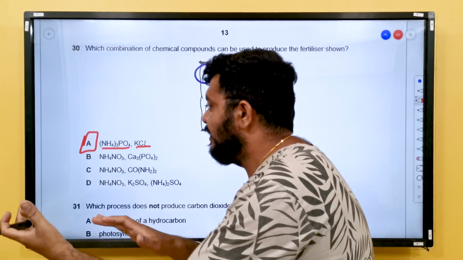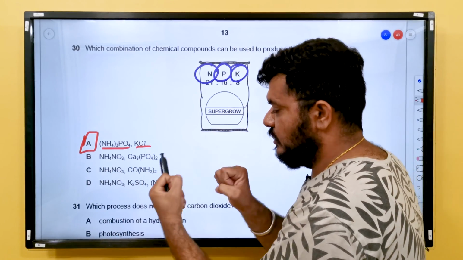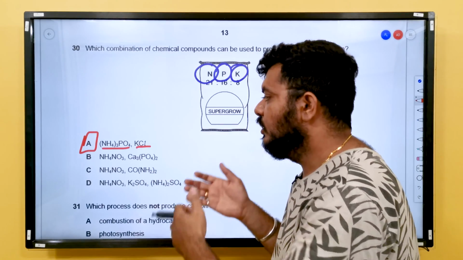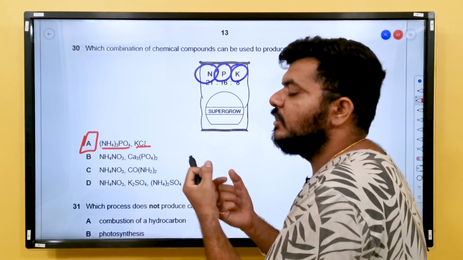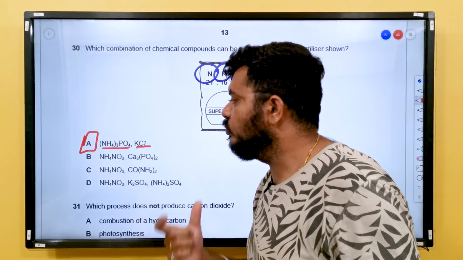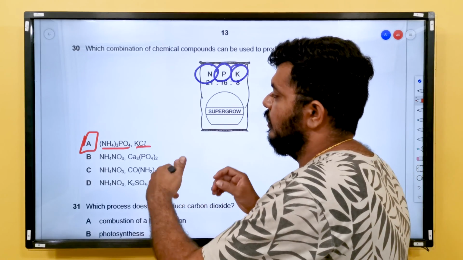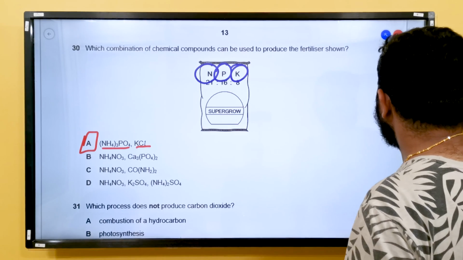The ratio of nitrogen and phosphorus can be kept the same, but potassium can be continuously changed. You can increase or decrease the potassium, therefore changing the ratio, and therefore you just have to look for the elements that you require and not the amount.